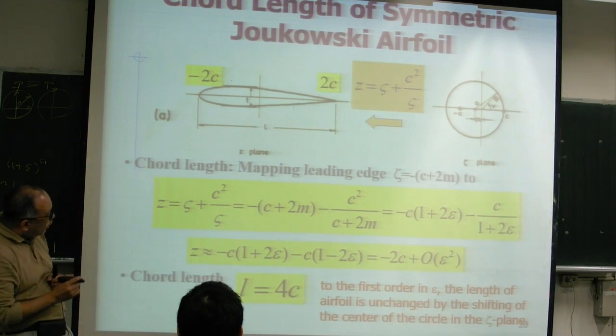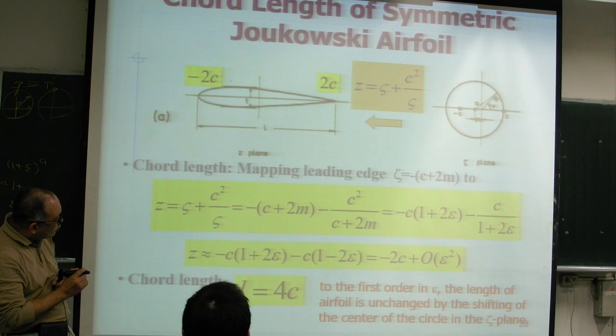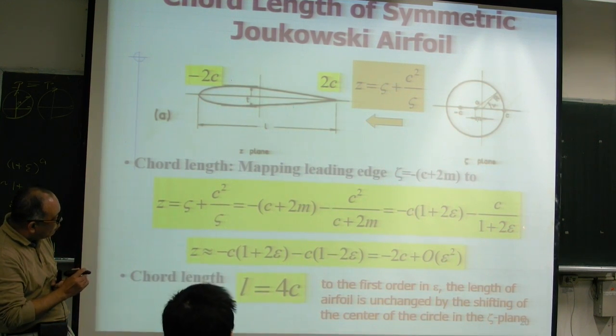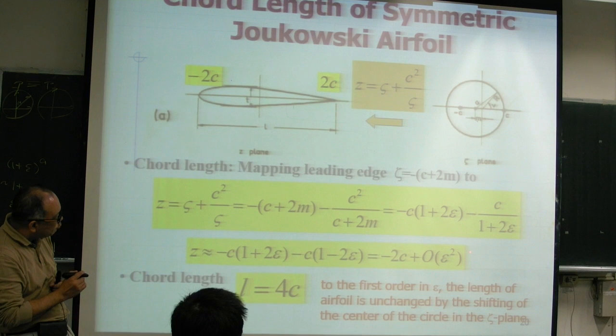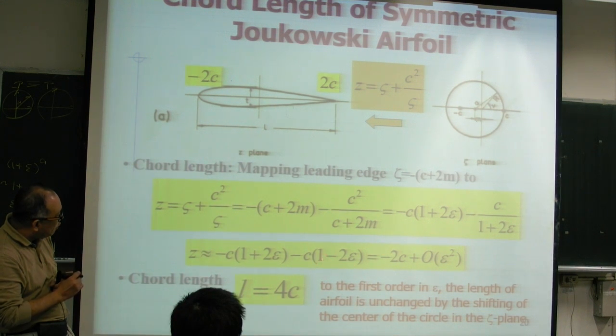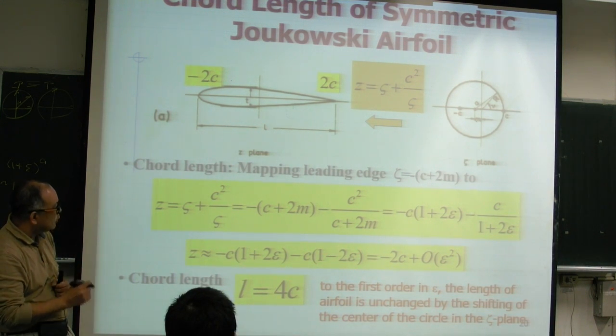Once we apply it here, as you can see, this is 1 plus 2 epsilon to the minus 1 power, which will be equal to 1 minus 2 epsilon. Okay, that's it.